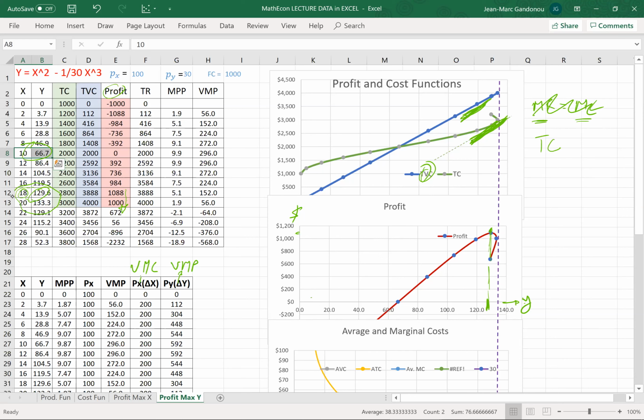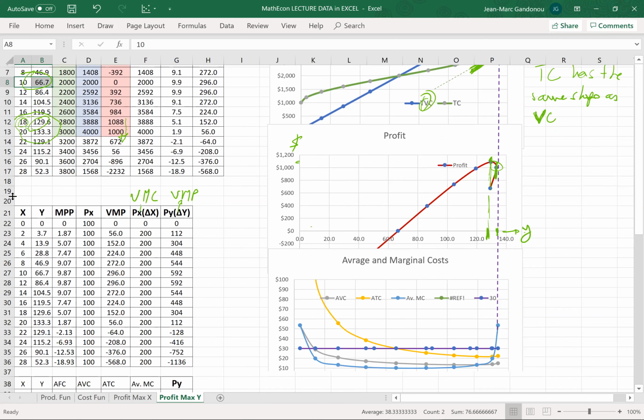Total cost has the same slope as variable cost, and so we can set the two to be the same. So what we're really looking for is the optimum profit. We know that it's going to be around 120 something, after 129, and so that's where we're going to have it. So the optimal profit will be here.